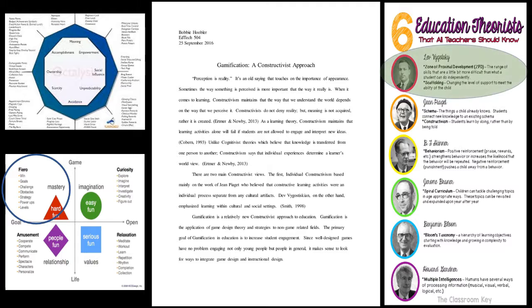Vygotsky would call that the zone of proximal development, that area where what you're learning is just difficult enough so that you need a little help, but you can still do it. That's one of the areas where gamification and educational theories come together and show how they're related.